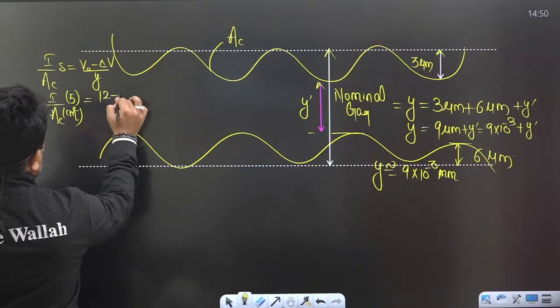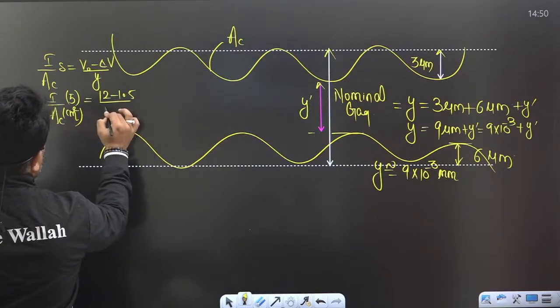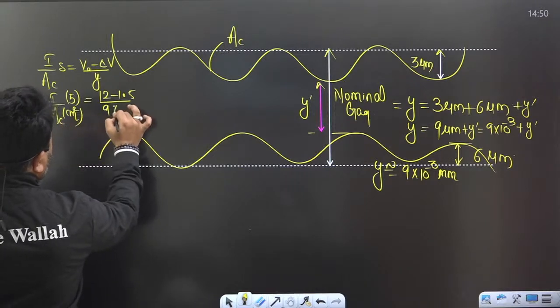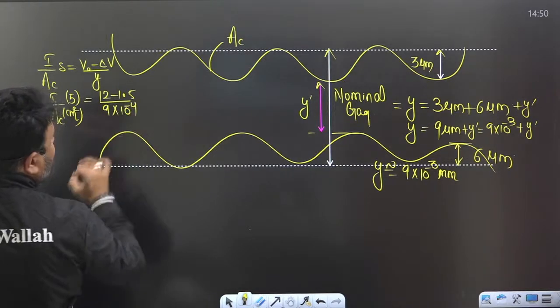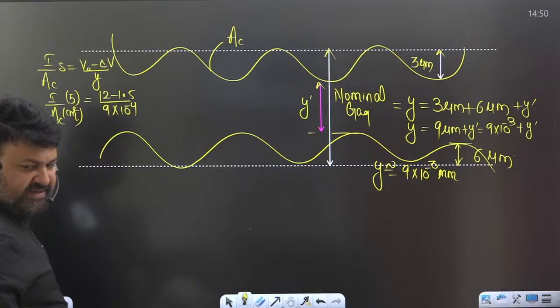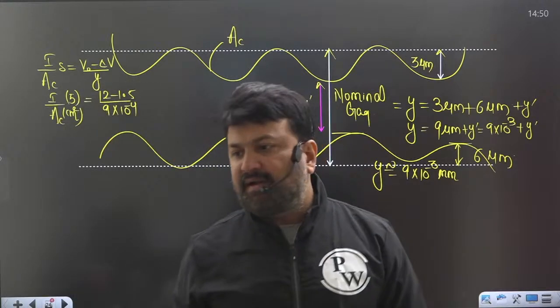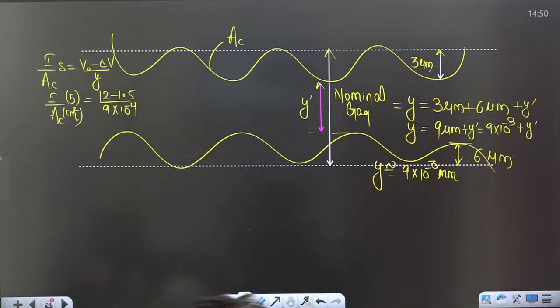So 12 minus 1.5. Now here I can write 9 into 10 to the power minus 4 because I have to write in centimeter.